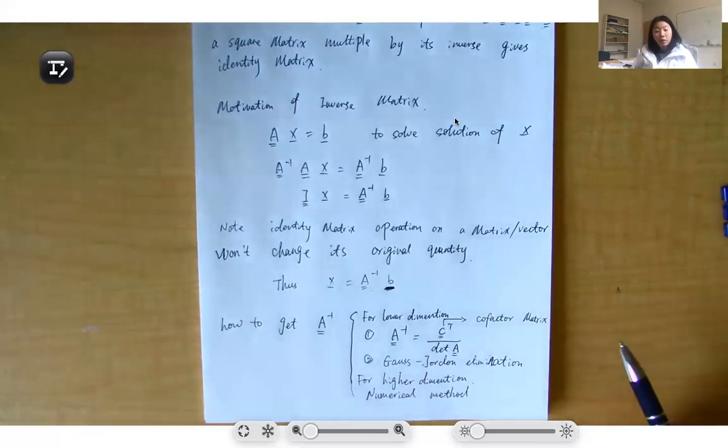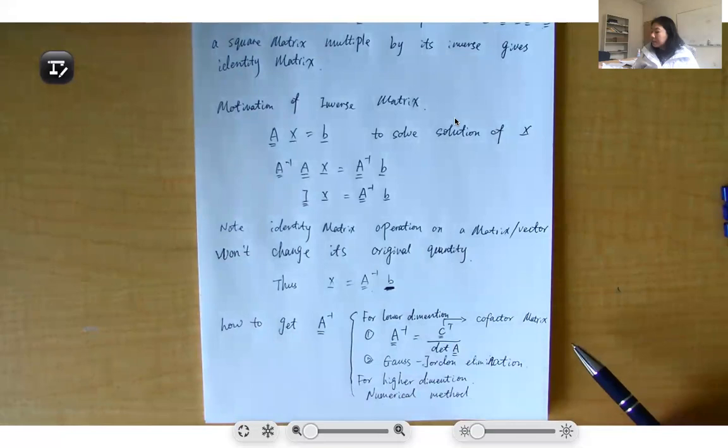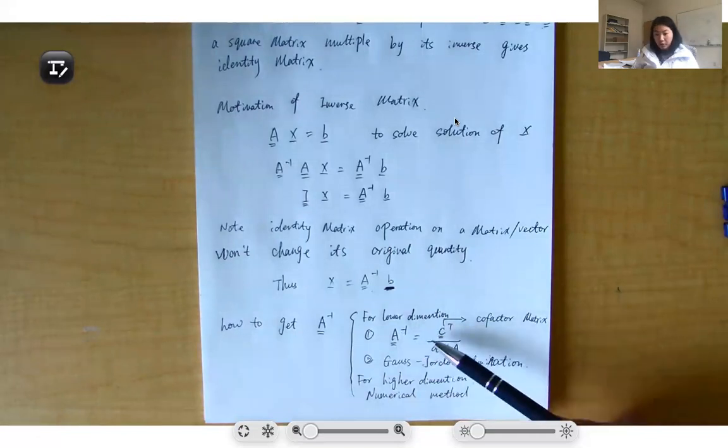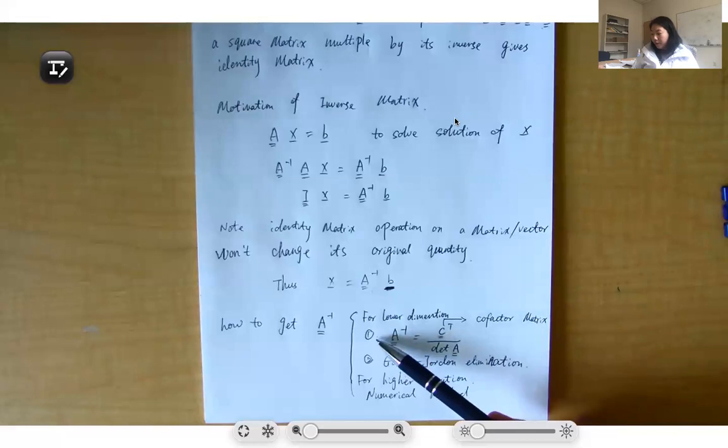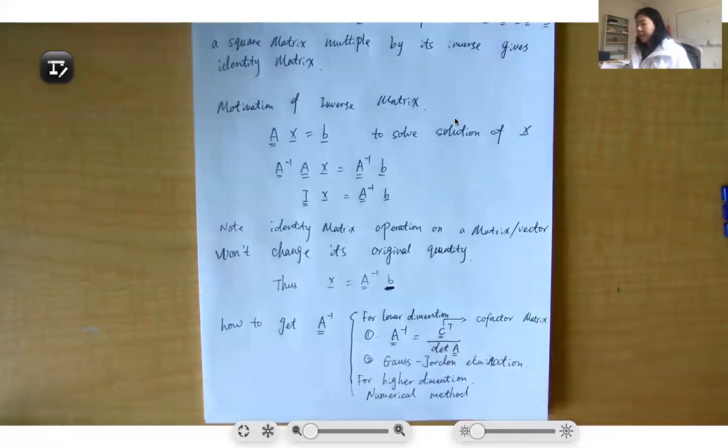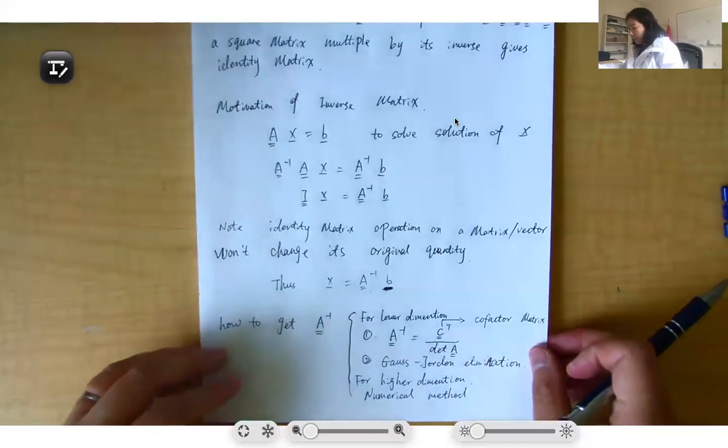We will talk later about how we use numerical methods to solve for the inverse matrix. So for today's purpose, we will solve the simple case for lower dimension, using an example and methods 1 and 2 to get the inverse matrix of A.